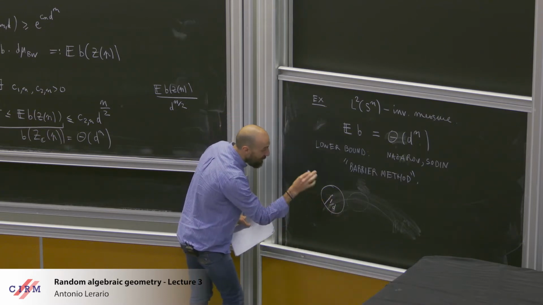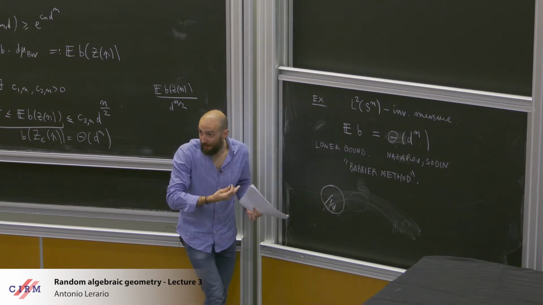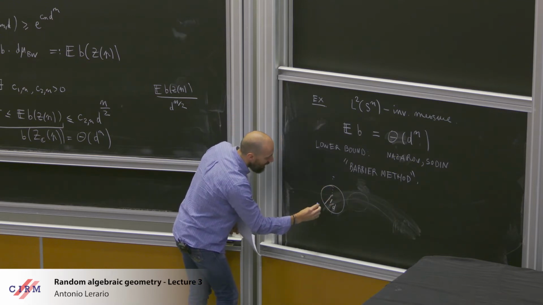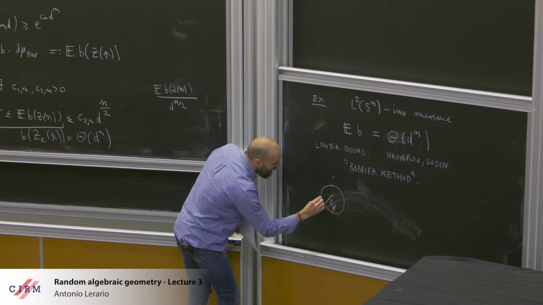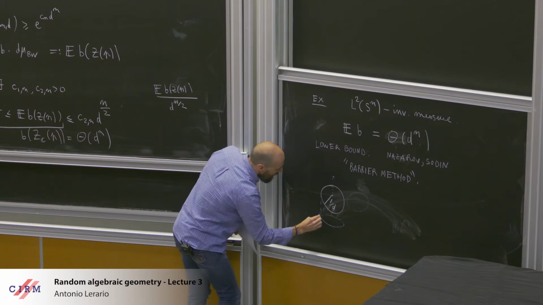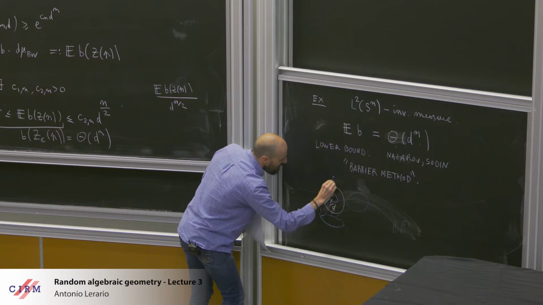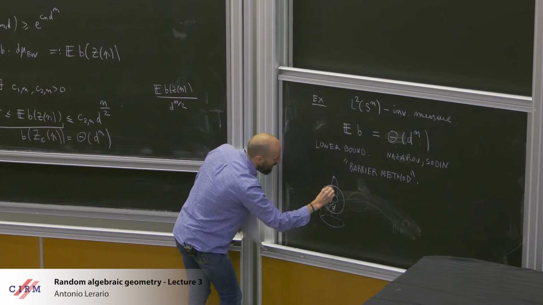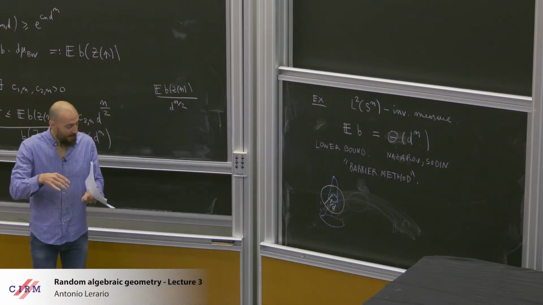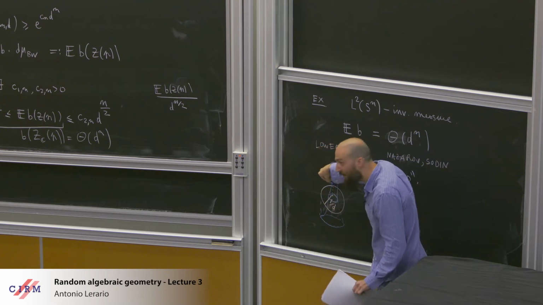What they prove is that with positive probability, so the measure of the event I'm going to tell you now is positive, your defining polynomial has this picture: it takes a positive value at the center and negative values throughout the boundary of your set.